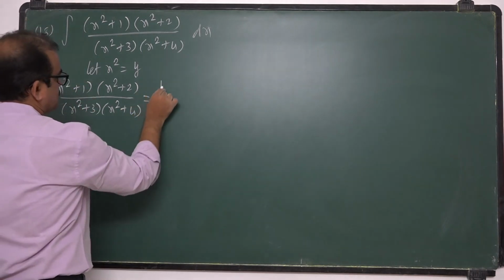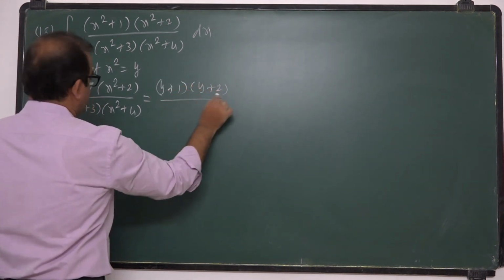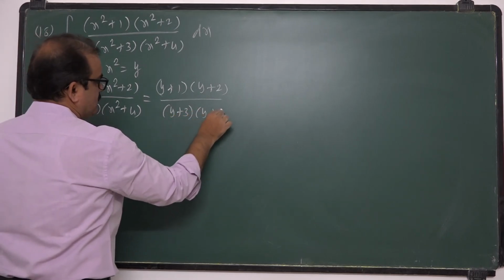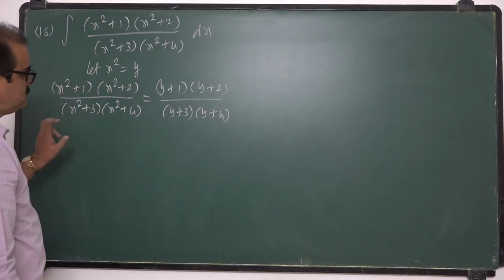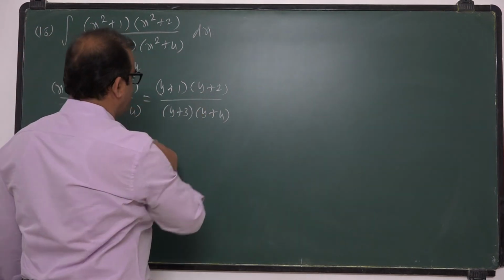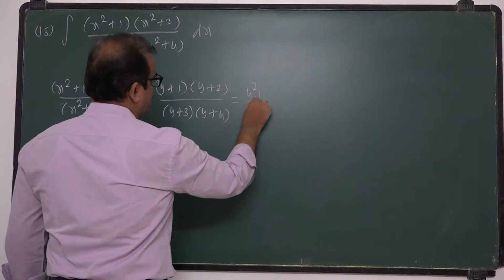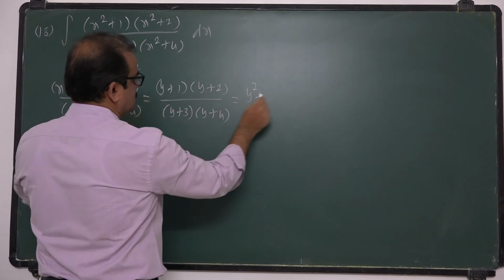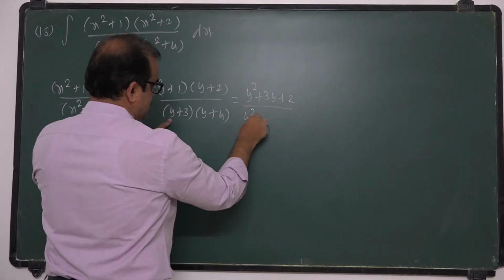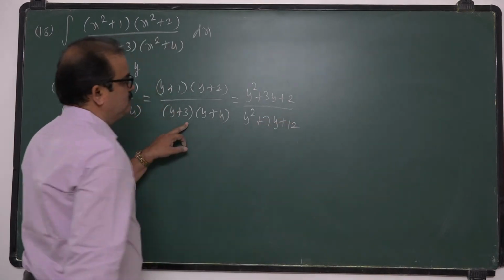Then this becomes y plus 1 into y plus 2 by y plus 3 into y plus 4. Multiply, what we get? y square plus y plus 2y, 3y plus 2 by y square plus 7y plus 12.